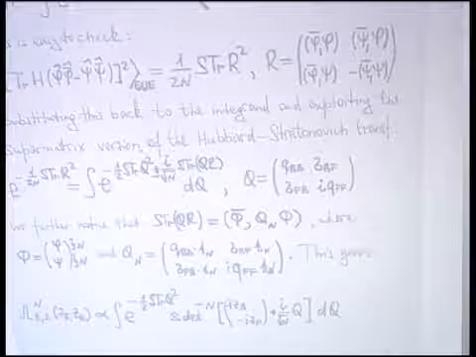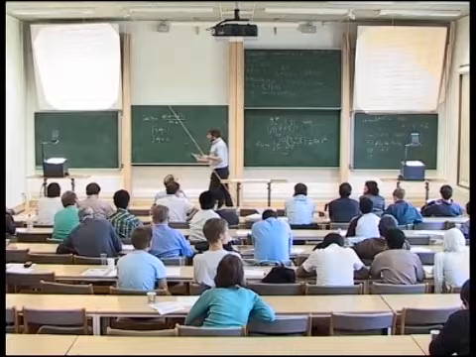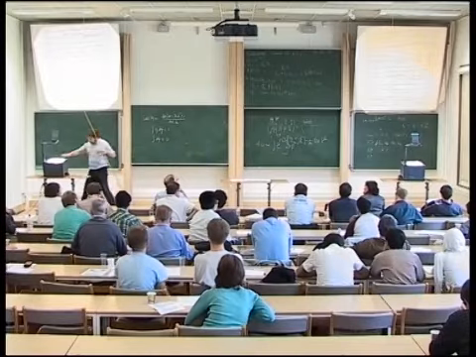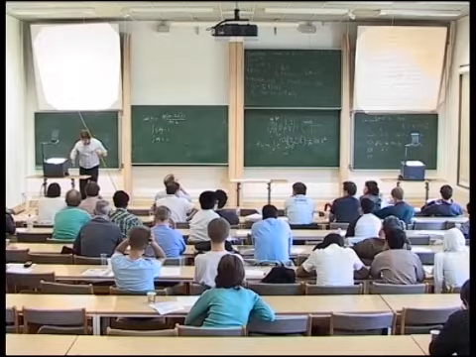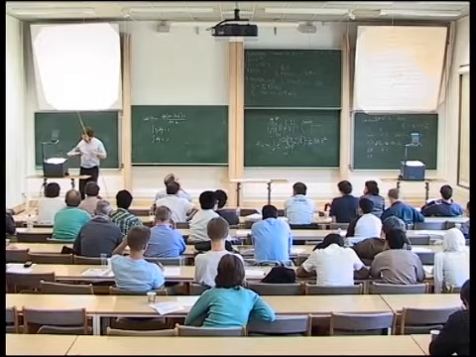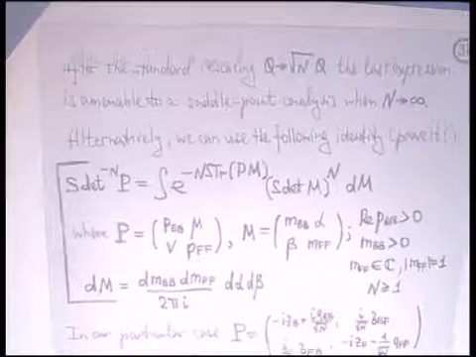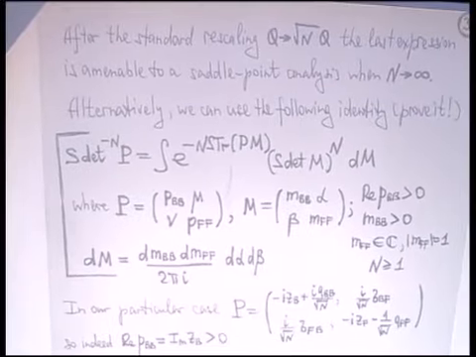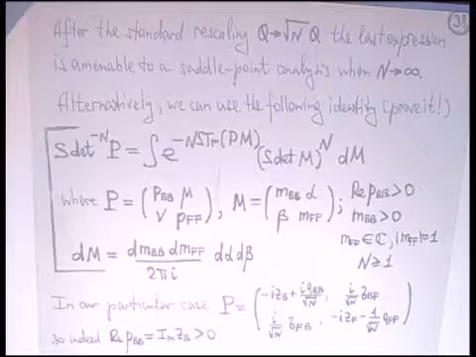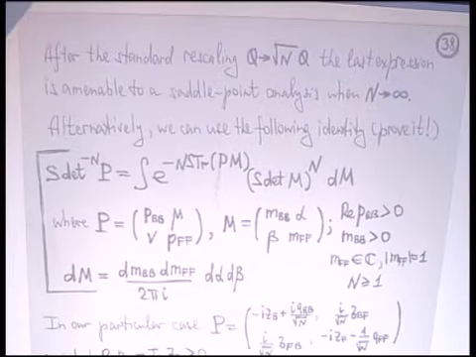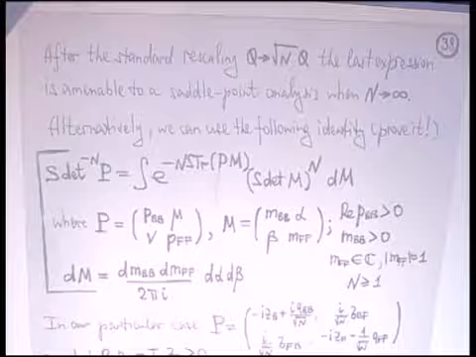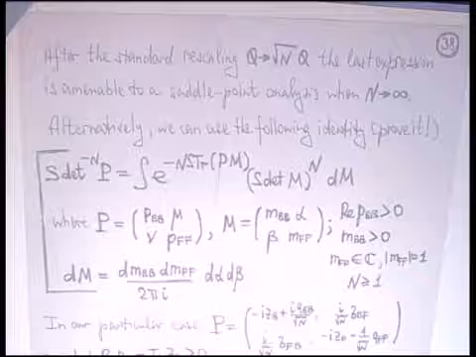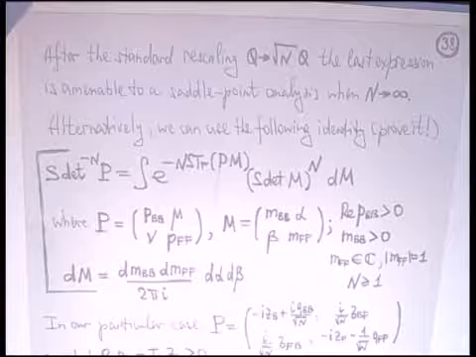Okay, now one does the standard rescaling, Q to square root of N times Q. One then gets N as a factor in the exponential, and the corresponding expression can be analyzed by the saddle point method. This method is a very close variant of what was shown to us by Margarita.